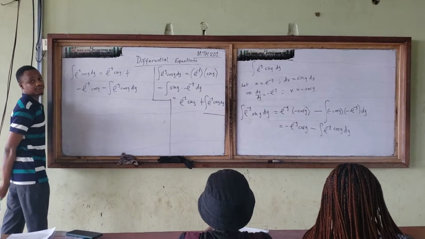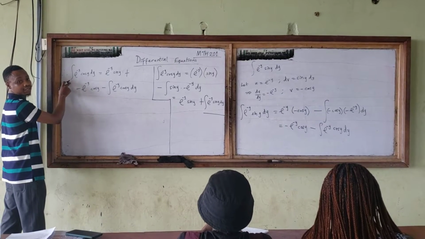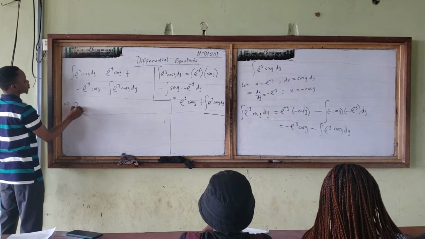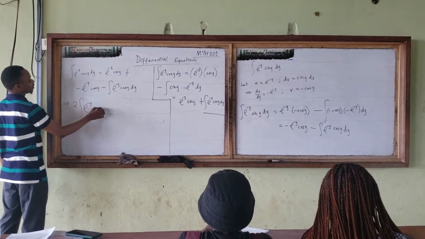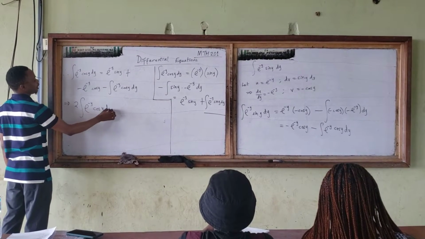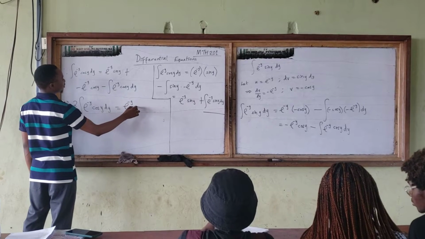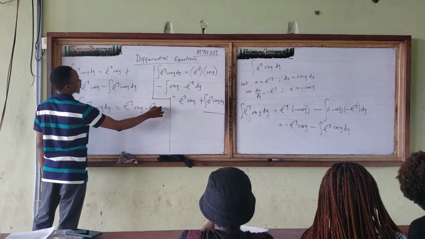Does it make sense? You can now move this to this side. They are the same. I can move them together. That will give me 2 integral of e raised to power minus y cos y dy equal to e raised to power minus y sine y minus e raised to power minus y cos y.